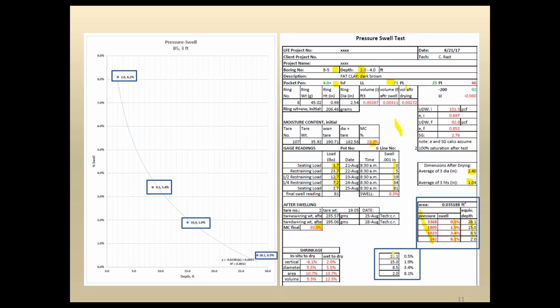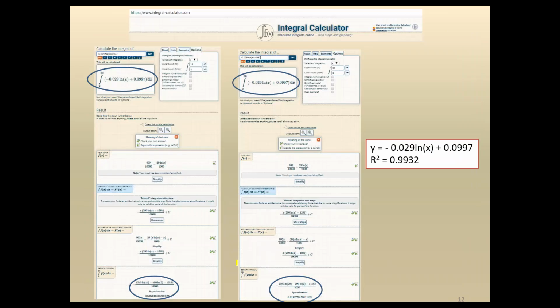What I've done here is just reverse the order of those columns and bring all that information here, and this then generates the curve that you see. We show the points. Again, you see the percent swell, the equivalent depth, the equation that Excel generated, and the R-squared value.